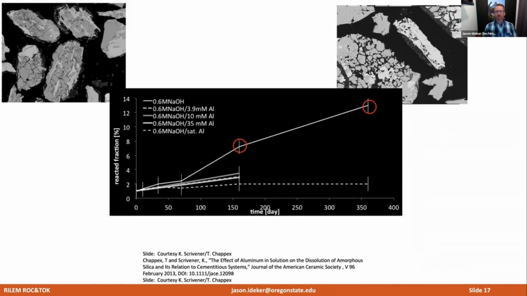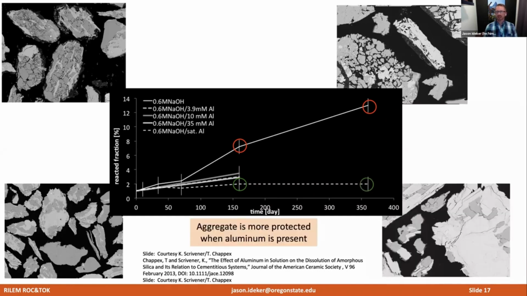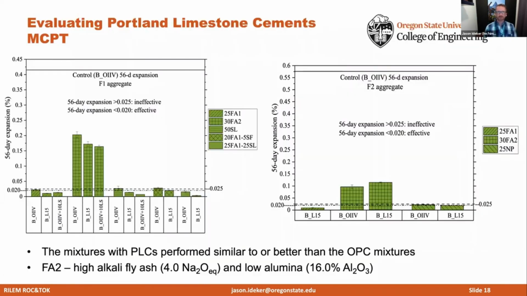And those show the reacted fraction of aggregate at those particular points. And what you can see is that when you have no alumina present, you can see a lot of damage in the aggregate, a lot of dissolution from that silica. But once you have a sufficient amount of alumina in the pore solution, what you can see is that you really protect the aggregate. So having that alumina present is really helping to prevent dissolution from silica in the aggregates.